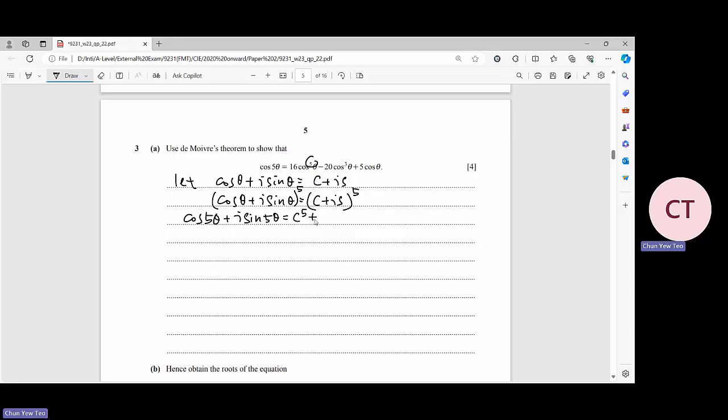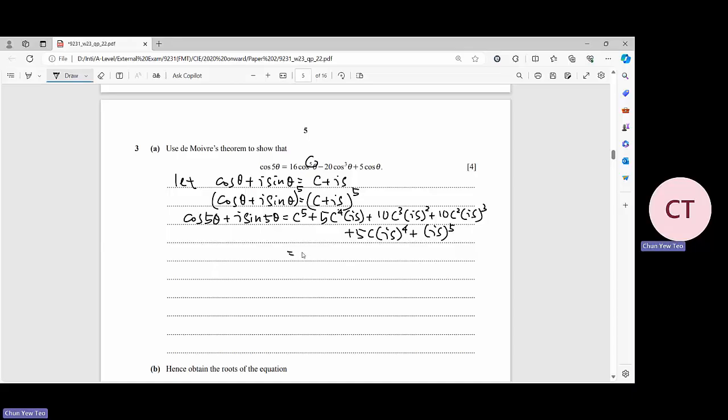If you can memorize the Pascal triangle, this will be the expansion: c⁵ plus 5c⁴ is plus 10c³ is squared plus 10c² is cubed plus 5c is to the power 4 plus is to the power 5.